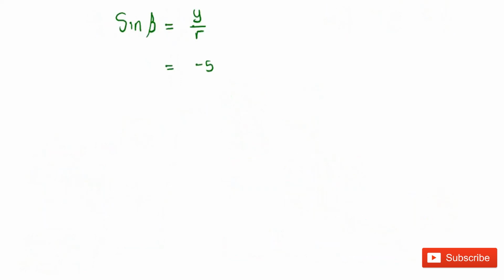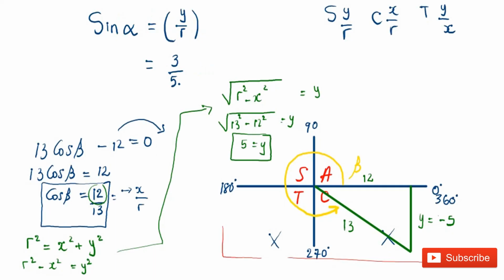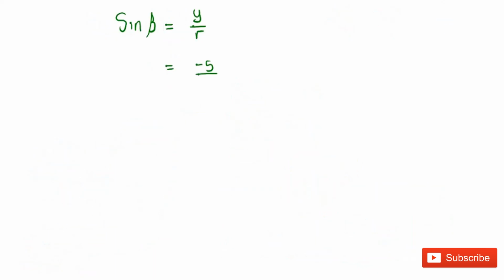What is our r? Our r is 13. Therefore, sine of beta is equal to negative 5 over 13.